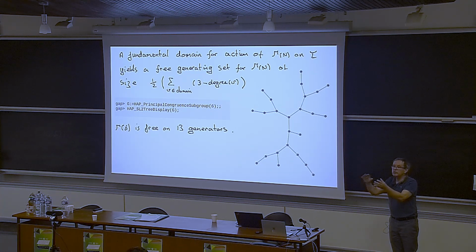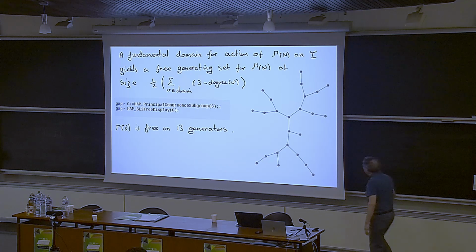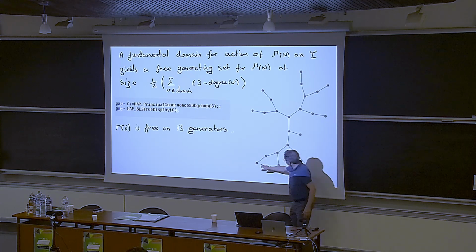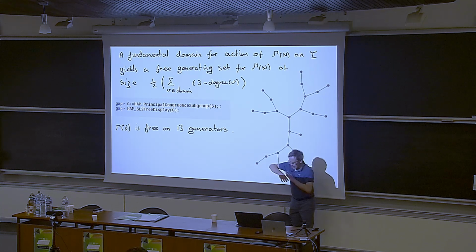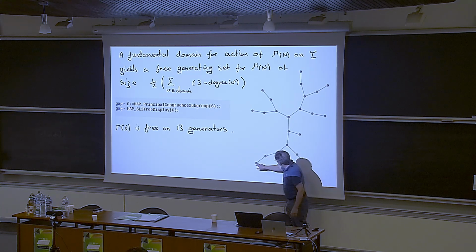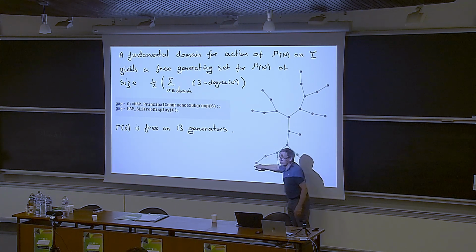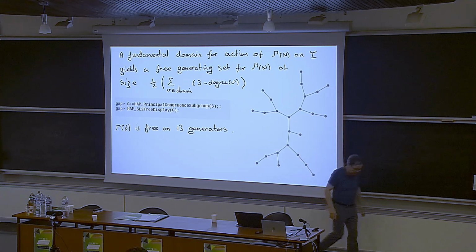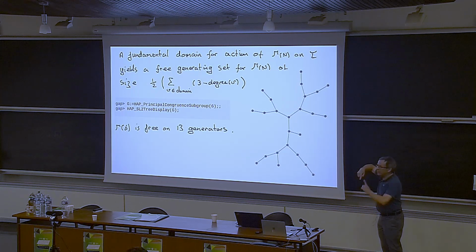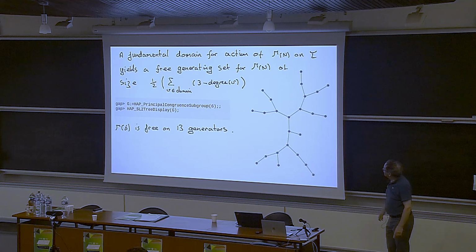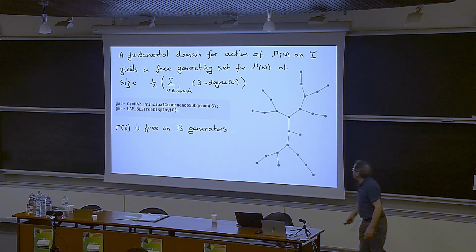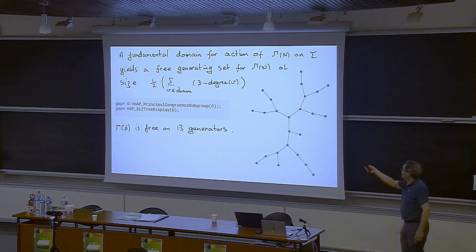Any vertex which has degree less than 3 in the quotient is going to have to match up. So what you have to do is count the degree of each vertex, add all those numbers up, and if I got it right, you divide by 2 to get the right count. And you'll get that gamma 6 should be a free group on 13 generators, and GAP will give you the generators.